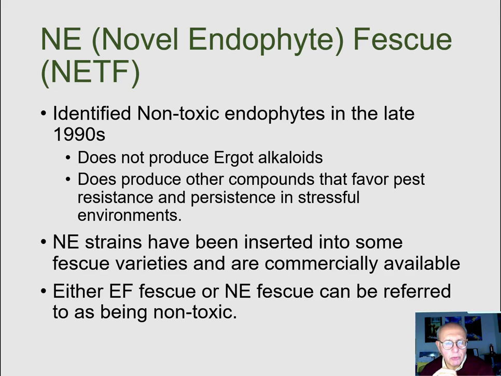It does produce the other compounds that make tall fescue persist against drought and heat and insect herbivory. Novel endophyte strains have been inserted into some fescue varieties and are now commercially available. There are quite a few, in fact. And either endophyte-free fescues or novel endophyte fescues can be referred to as non-toxic fescue.